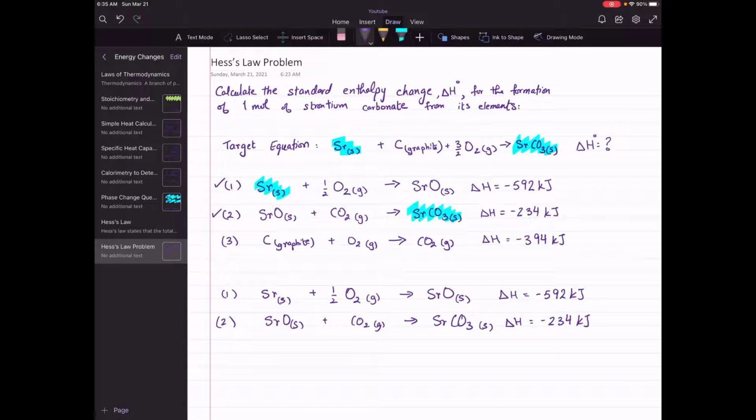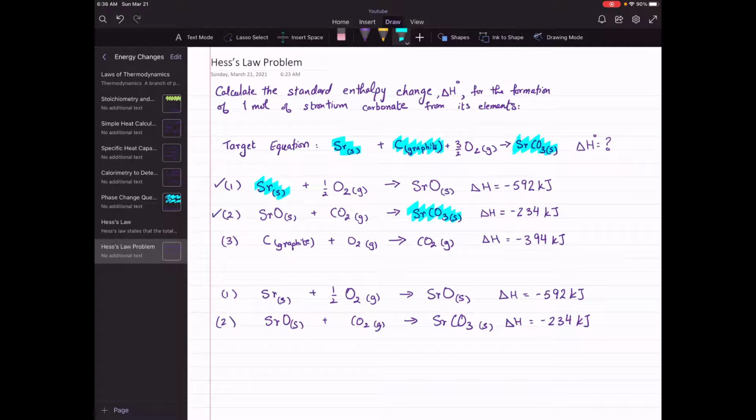Alright, till now the question has been simple. We did not have to manipulate any of the equations. Let's look at the third equation here. What we again have to look for is carbon in the graphite form. If you see that, that is a unique quantity. There is oxygen as well, but the oxygen is present in multiple places. So I don't want to work with oxygen. I want to work with carbon, which is in the graphite form, over here, because that's only present in one of these three equations, the third equation.